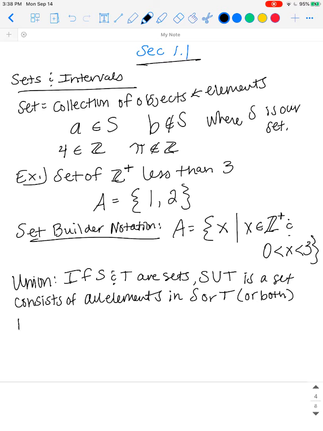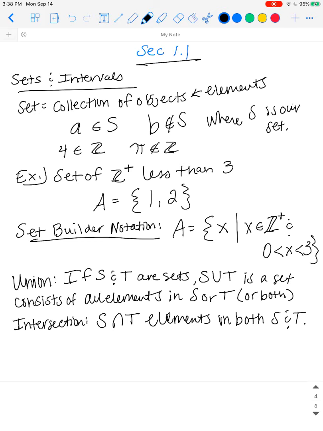And then we have the intersection, like this. That means that we're looking at elements in both S and T.